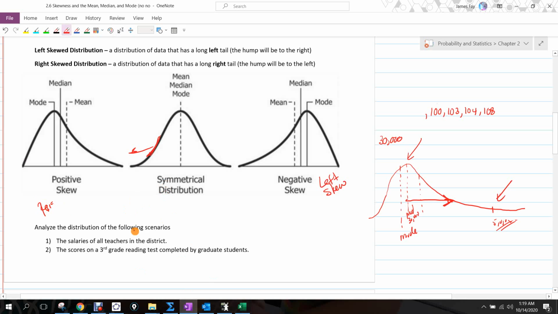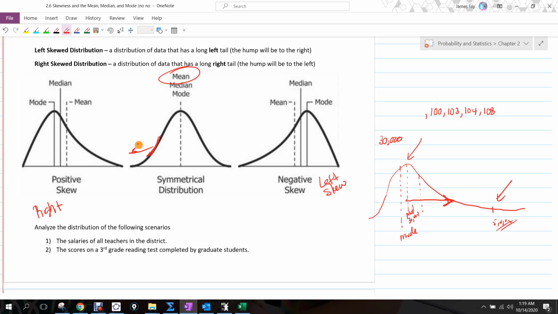Okay, so when we're asked what is going to be the best measure of center, we first have to determine, what type of distribution do I have? Do I have a symmetrical distribution? If it's symmetrical, they're all the same, then the argument is mean is going to be the best measure of center, because there's so many more calculation-wise, formula-wise, analysis-wise things that we can do with the mean that we can't necessarily do with the median and the mode.